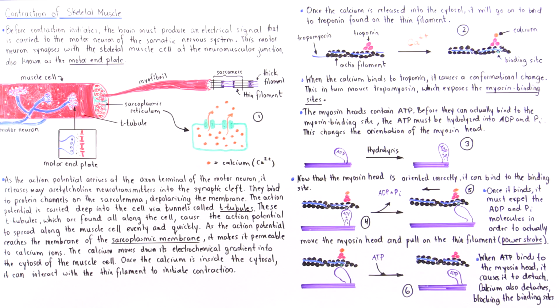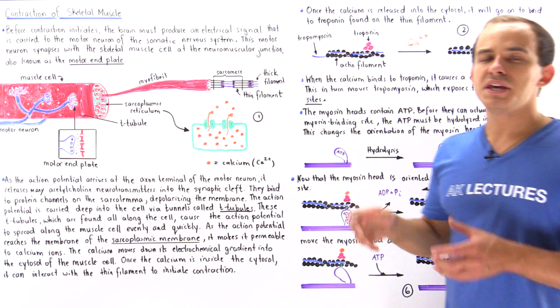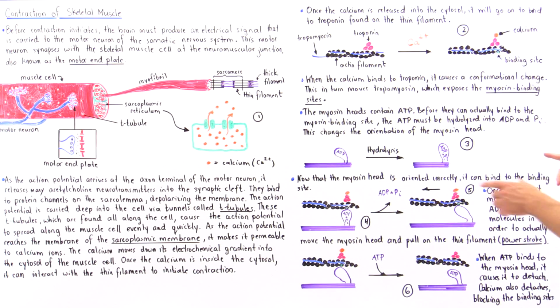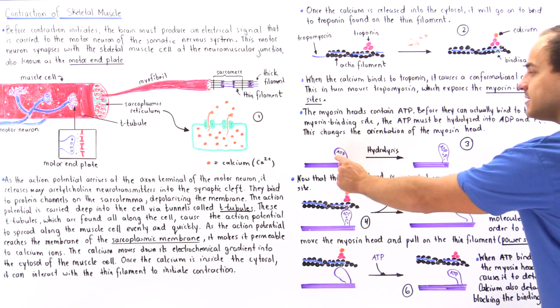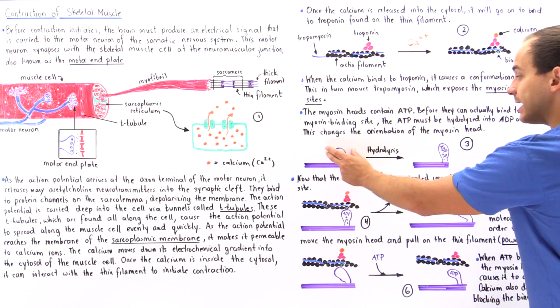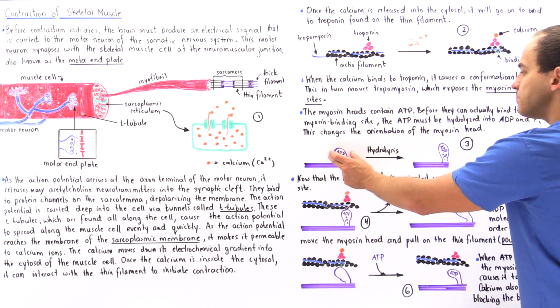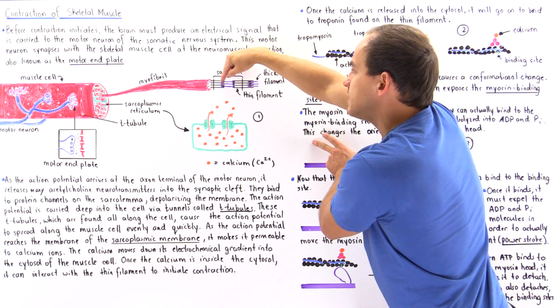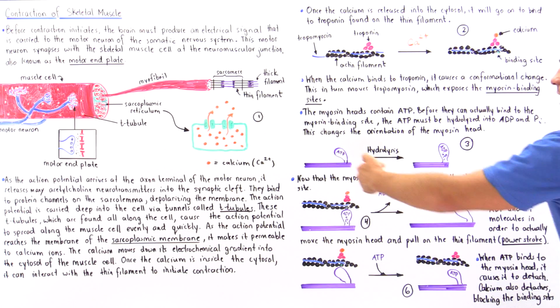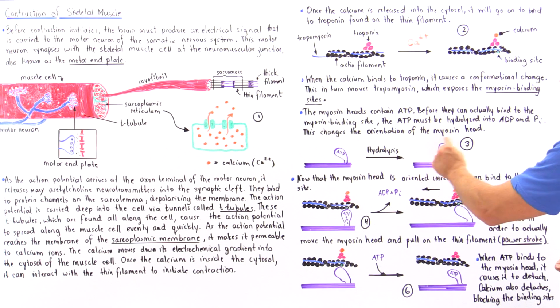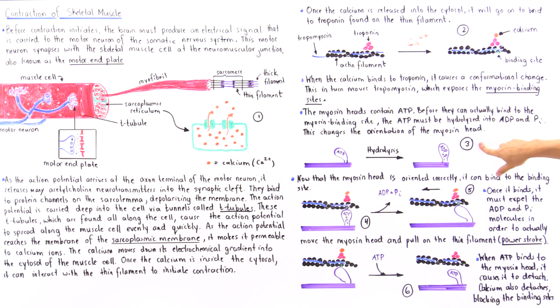Before they can bind to the myosin binding site that was just exposed as a result of the binding of the calcium, the ATP must be hydrolyzed into ADP and a phosphate group. So this ATP that is found on the myosin head of our thick filament is hydrolyzed, and the ADP and the P that are produced remain on that myosin head. So this is step 3.